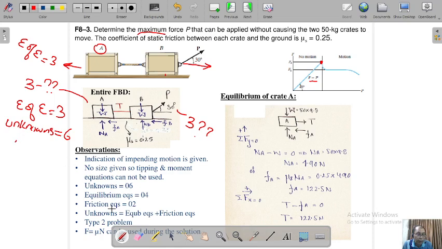So what does it say? What is going to be your observation? The observation will be: it is a statically indeterminate problem.